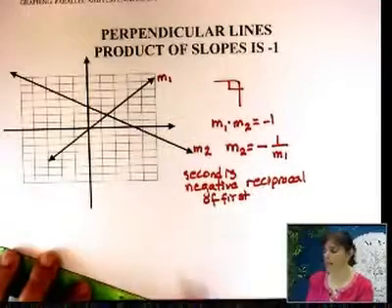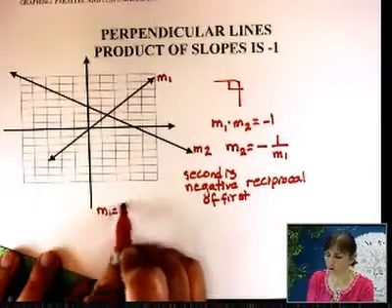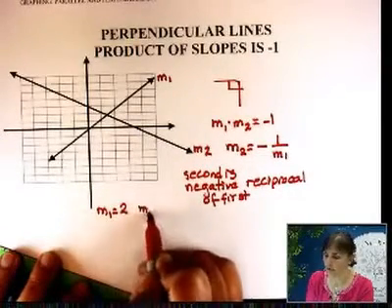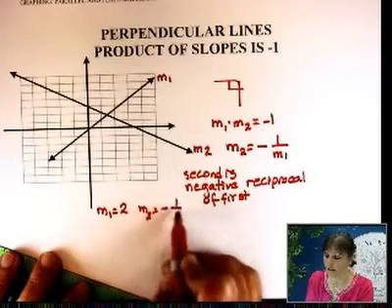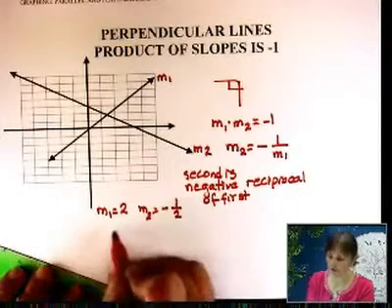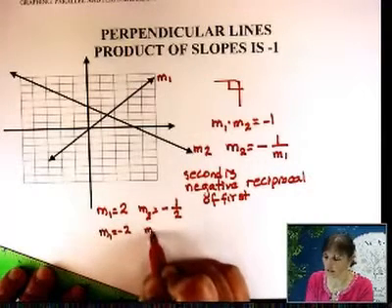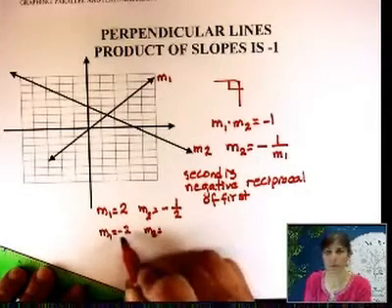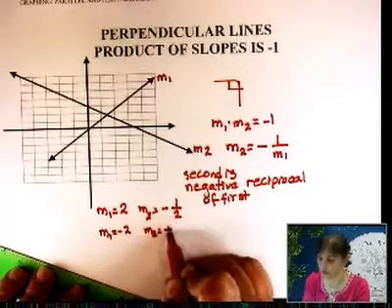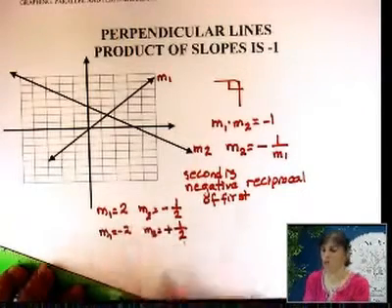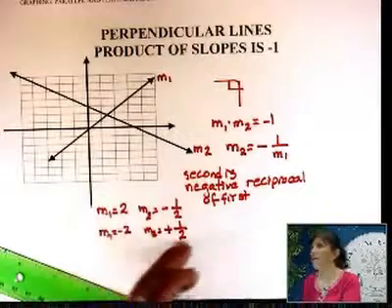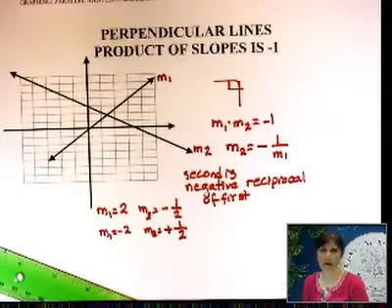So if I have a slope of 2, the second one is going to be -1/2. If I have a slope of -2, the second one is the negative reciprocal; the double negative is a positive 1/2. So perpendicular lines always have opposite signs, and one is the flipped version of the other.